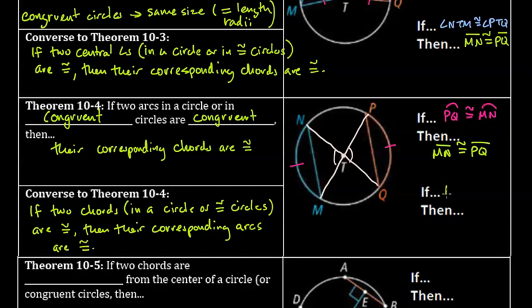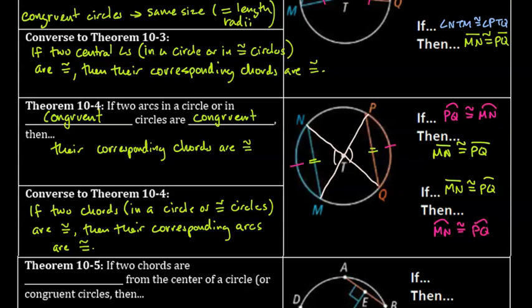Or over here we could say if segment MN was congruent to segment PQ, then we would know that, maybe I should write this in order, arc MN would end up being congruent to arc PQ.